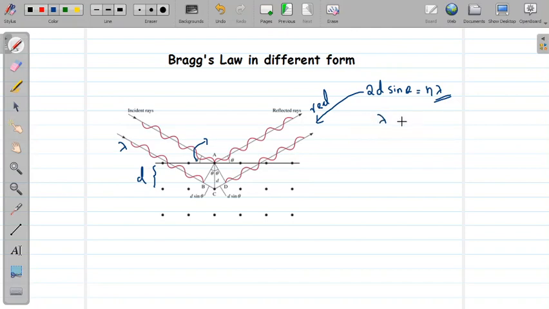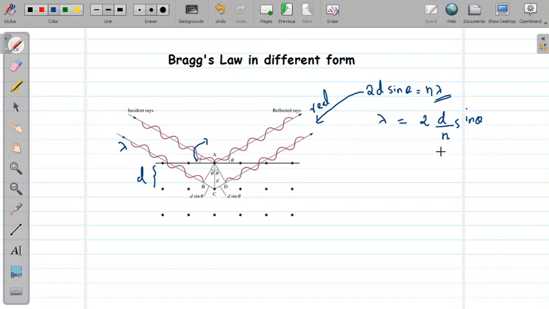First let us move this n term to the LHS. 2 into d by n sine theta will be our new equation. Now if d is the interplanar spacing, then d by n means another set of planes with d by n spacing.